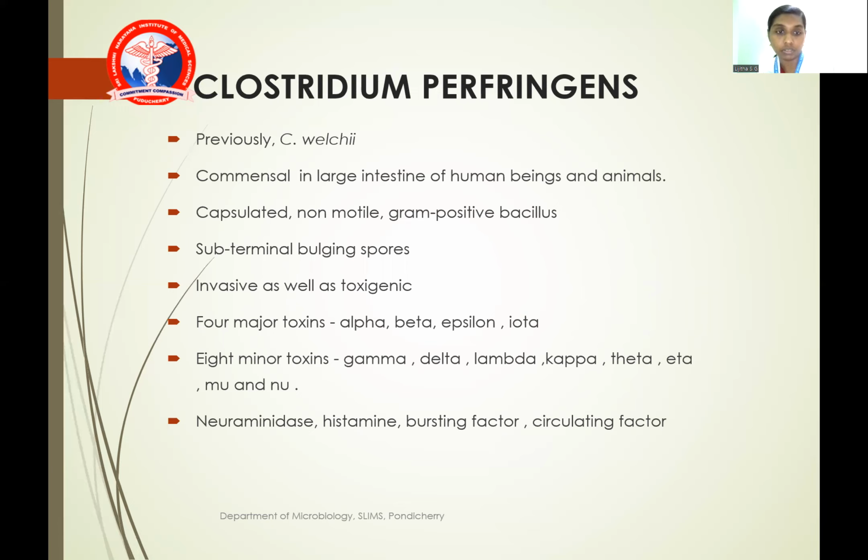These are the minor toxins. So 4 major toxins and 8 minor toxins. And several other substances such as neuraminidase, histamine, bursting factor, circulating factor, all these are produced by Clostridium perfringens. Also, it produces an enterotoxin, which is responsible for food poisoning and other gastrointestinal infections.